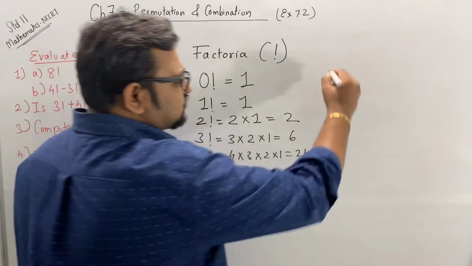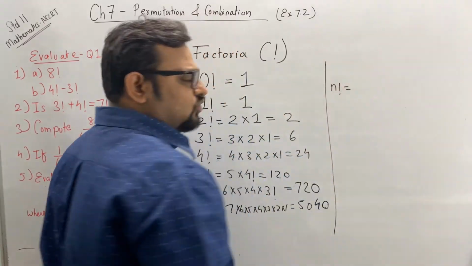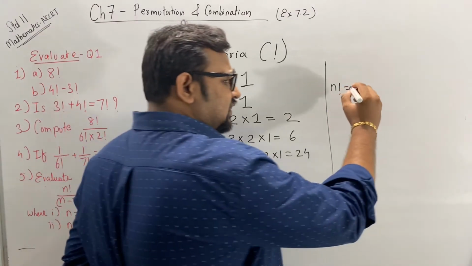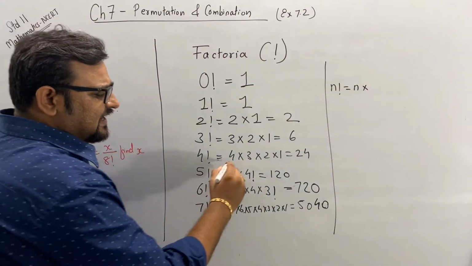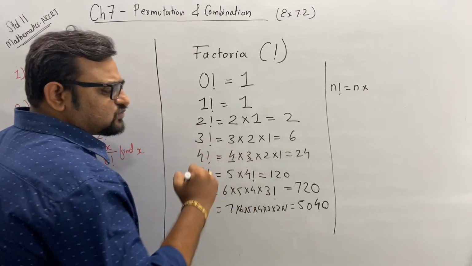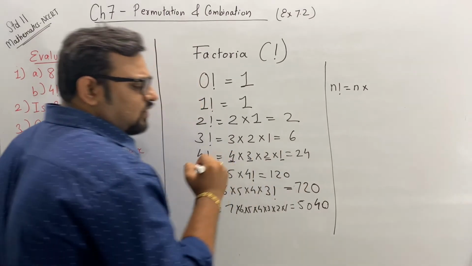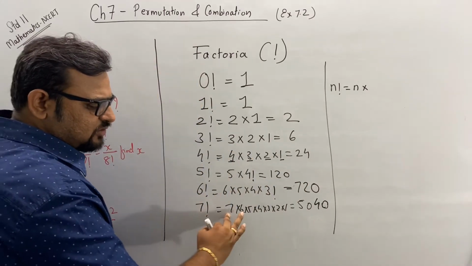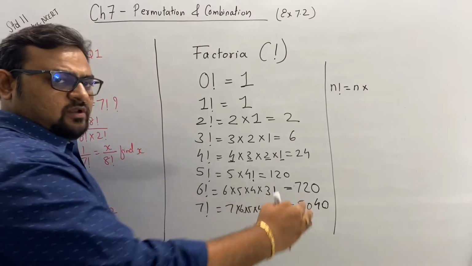Clear? So in short, if I want to write the formula, n factorial will be equal to n into... See, what is the next number from 4? 4 minus 1, 3. 4 minus 2, 2. 4 minus 3, 1. If I take 7, 7 minus 1, 7 minus 2, 7 minus 3, 7 minus 4, and so on.